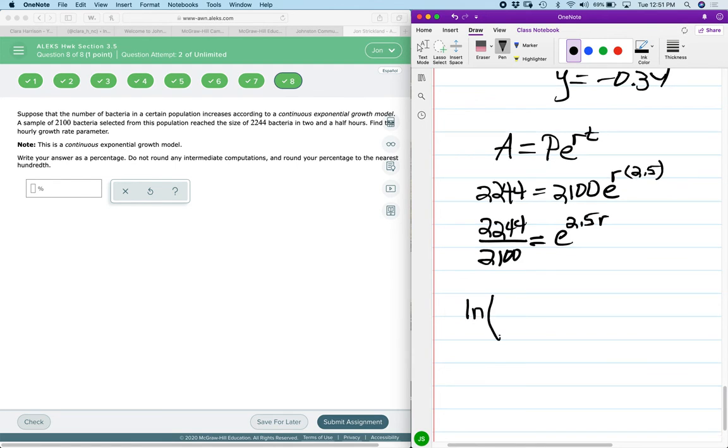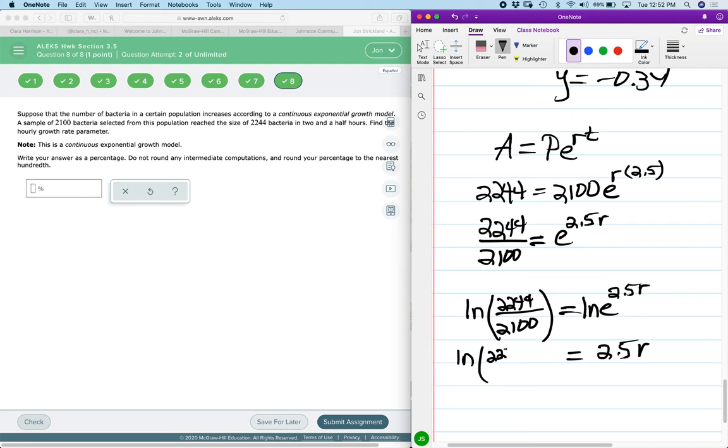If I take the natural logarithm of both sides, and simplifying the ratio is optional, again we're getting rid of the e. On the right-hand side we have 2.5r, and on the left, the natural logarithm of 2244 over 2,100.